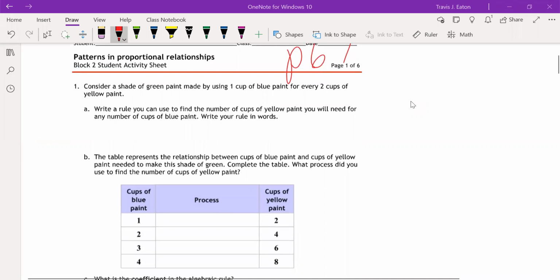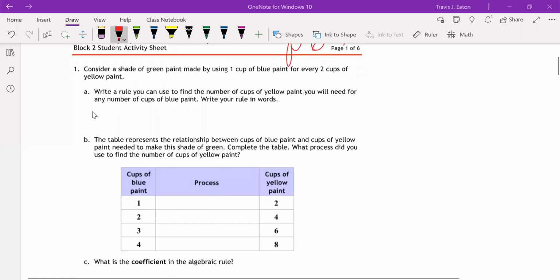Now, consider a shade of green paint made by using 1 cup of blue paint for every 2 cups of yellow paint. It says to write a rule that you can use to find the number of cups of yellow paint that you'll need for any number of cups of blue paint, and write your rule in words.